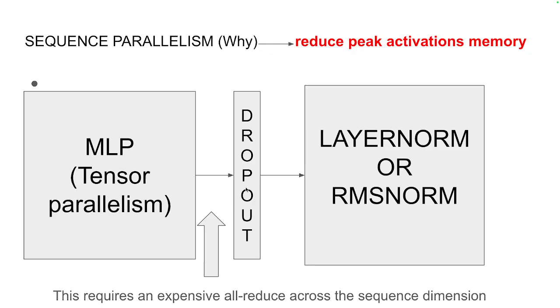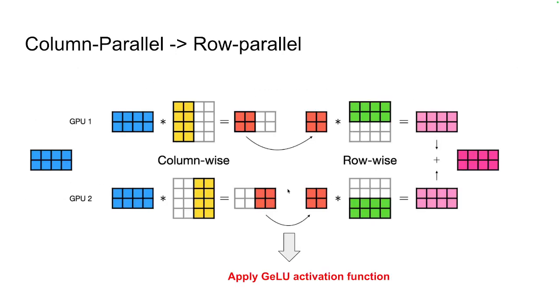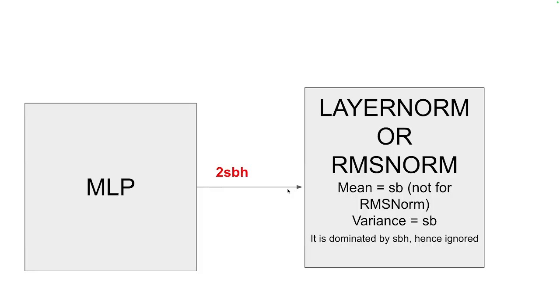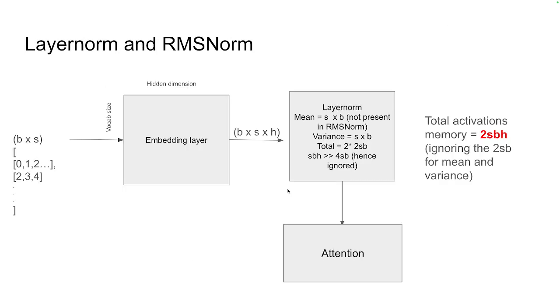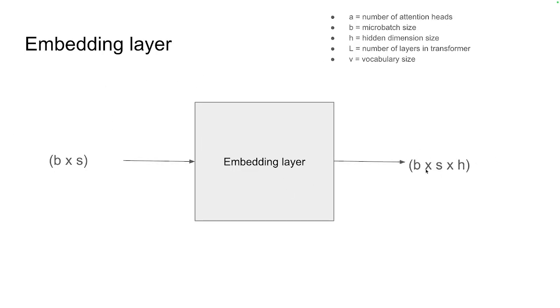If you look at these two operations, in dropout we drop out some of the connections in the hidden dimension, where our matrix is of size batch size, comma sequence length, comma hidden dimension. So let me go back to our first slide. Yeah, so our matrix is basically batch size, sequence length, and hidden dimension.